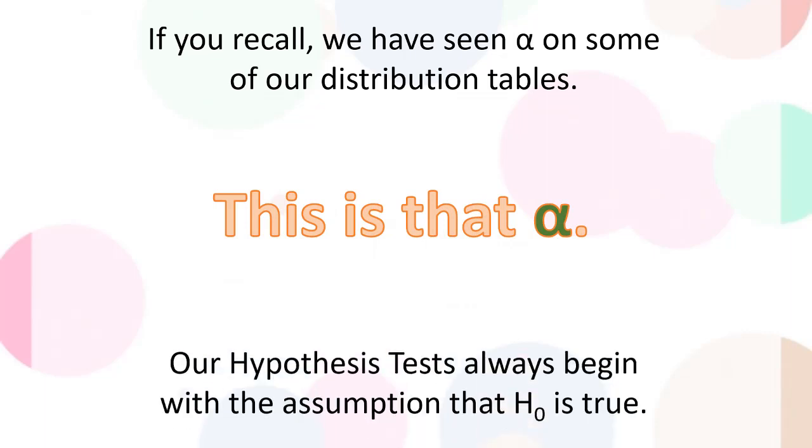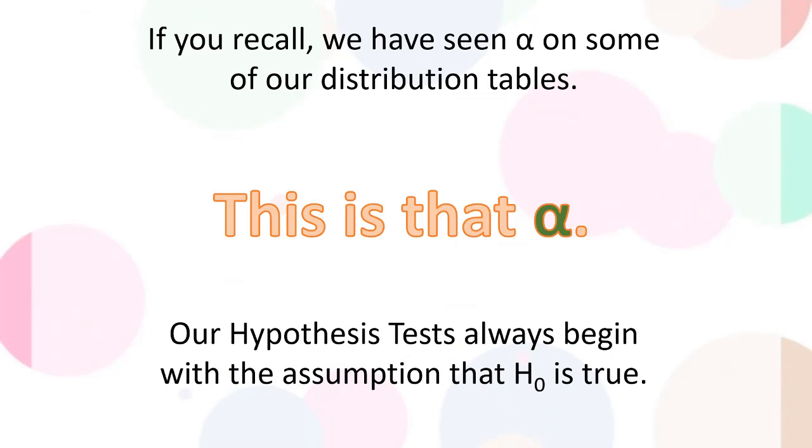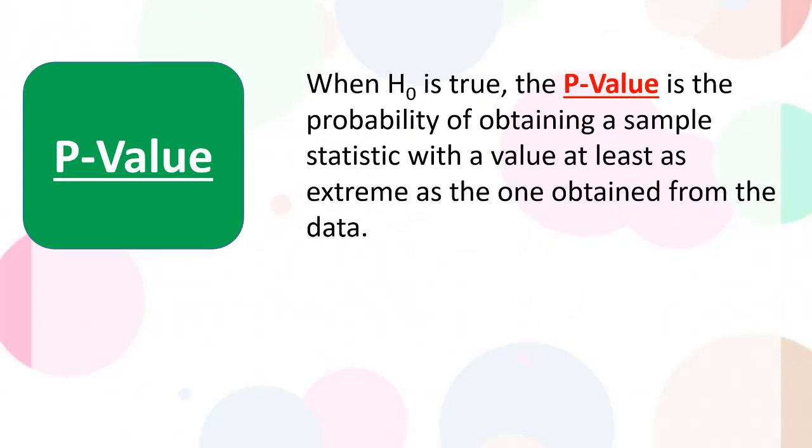Remember that in our hypothesis test, we always begin by assuming that the null hypothesis is true, and then seeing if that leads us to a contradiction. So here's our definition. A p-value. When H0 is true, the p-value is the probability of obtaining a sample statistic with a value at least as extreme as the one obtained from the data.